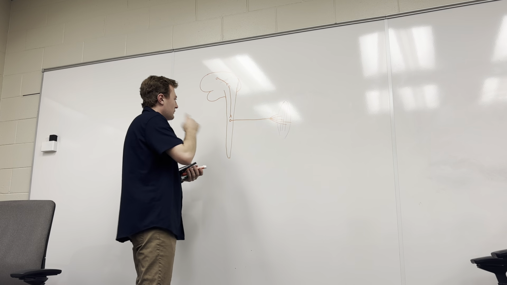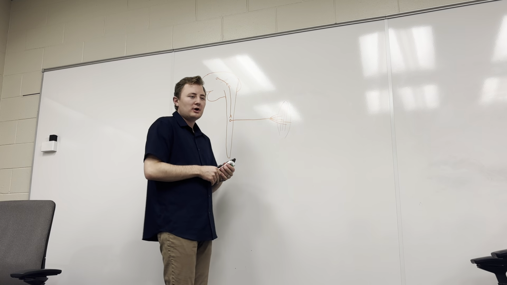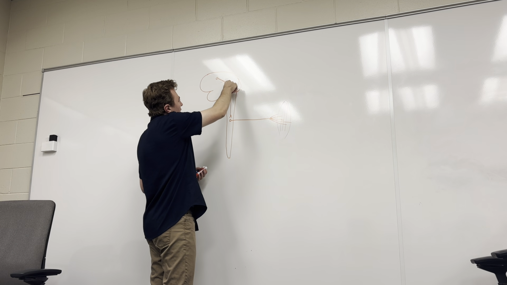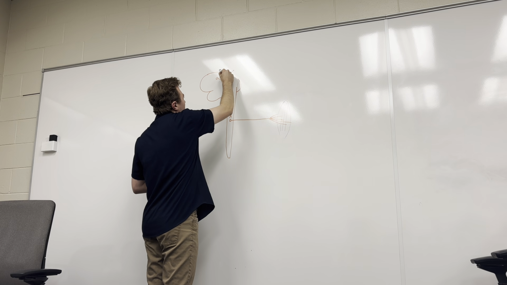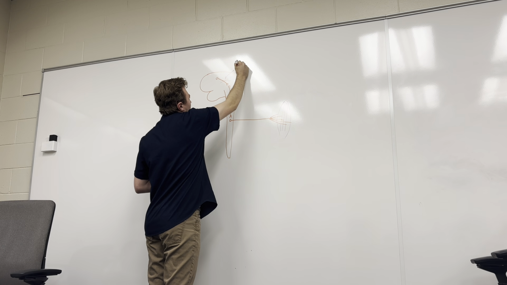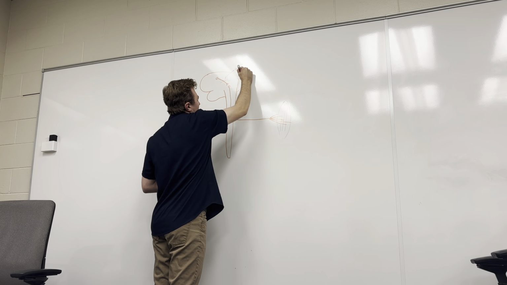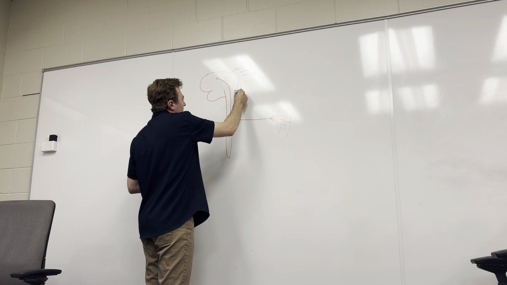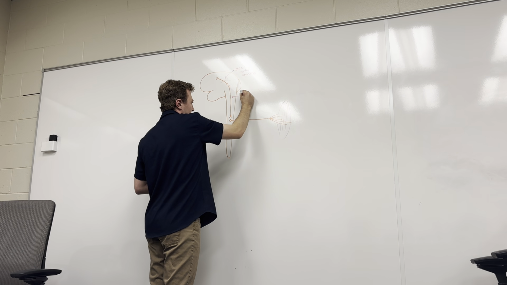Alright, so here is our nervous system. We have our brain. In our brain we have our upper motor neurons. Down the spinal column we'll have our lower motor neurons.